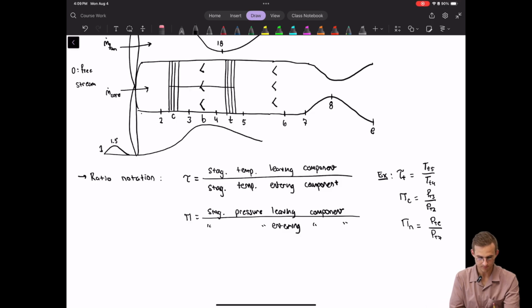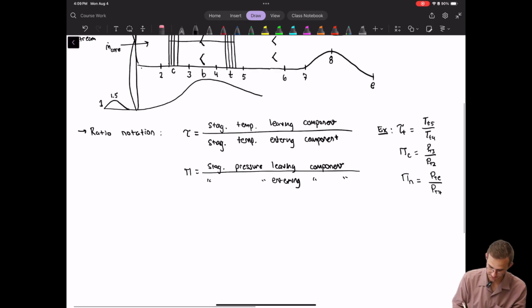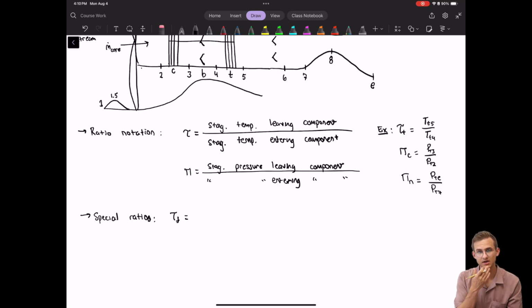Now there's a couple of special ratios. One is tau F, which I think we might have defined in the previous lecture briefly. It's your fuel enthalpy divided by CPT naught.